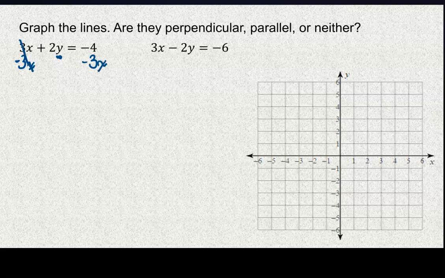Now, these terms do not go together. So that means carrying down is the negative 3x minus 4. Then what I need to do is, this is multiplication, so I'm going to undo that multiplication by dividing by 2.